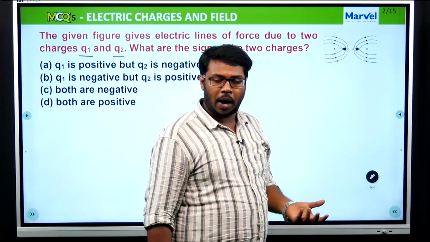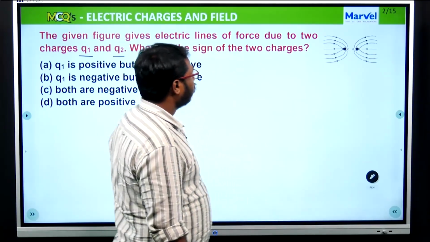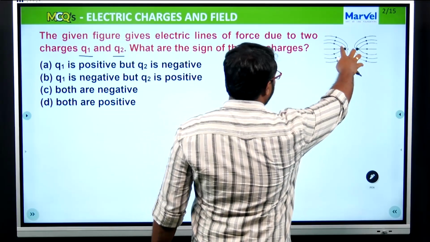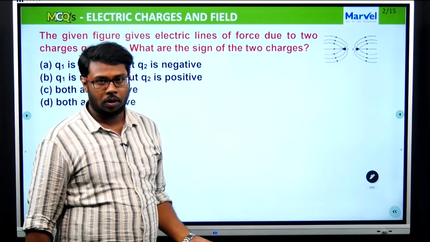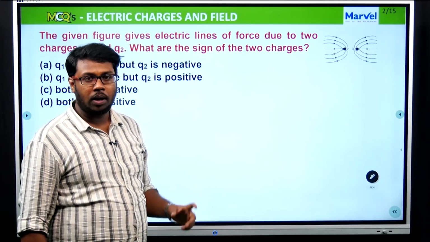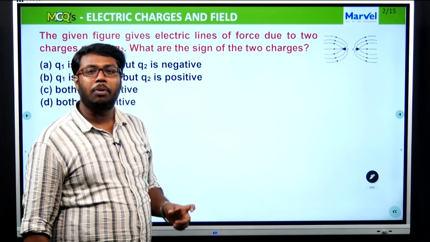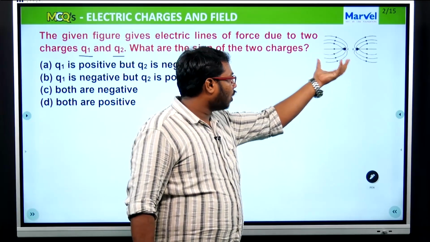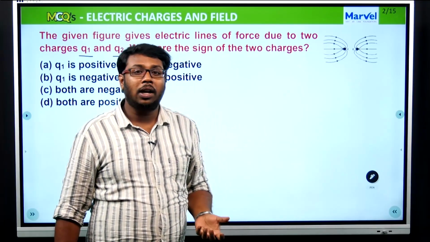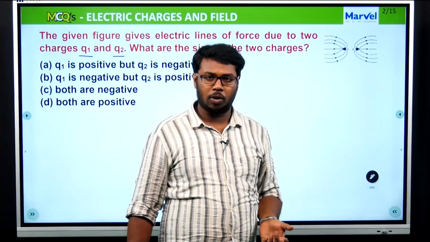If you have a look at this, you can see both the electric lines are almost similar. What did I say at the very beginning? The two charges are not going to be of the same magnitude. So if they try to draw such a diagram, they should be very precise about the number of lines that are going to come out.